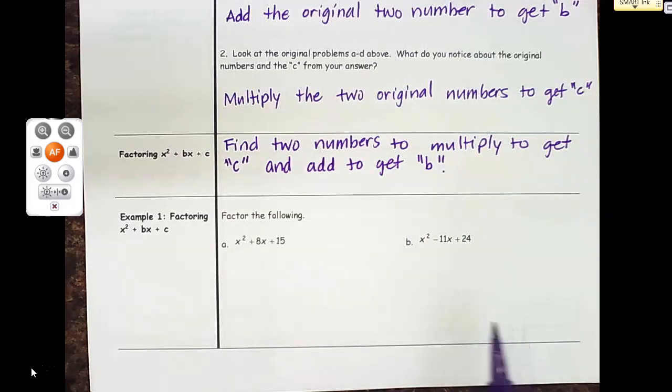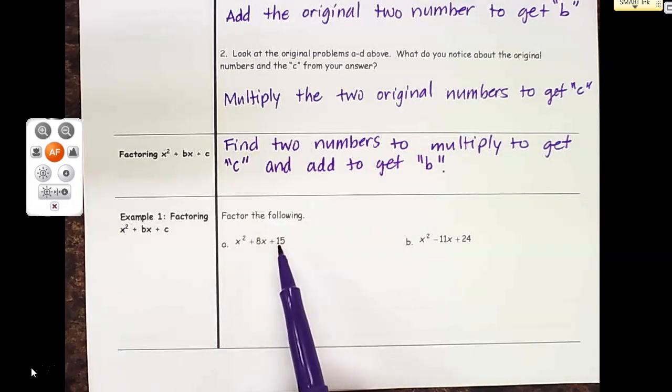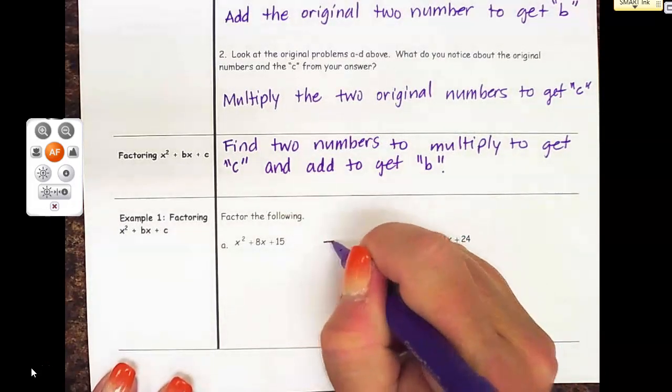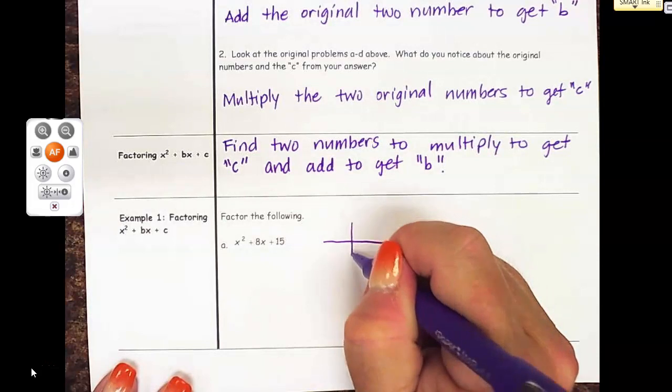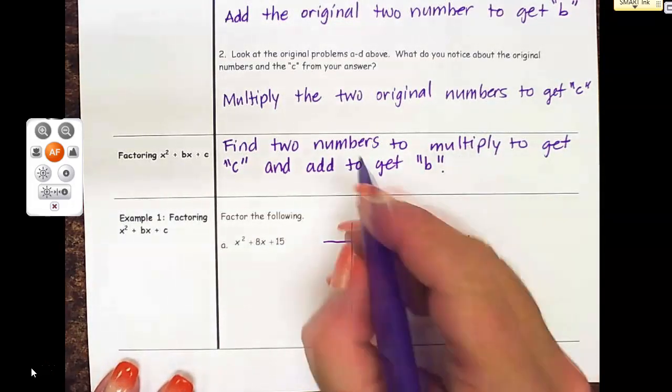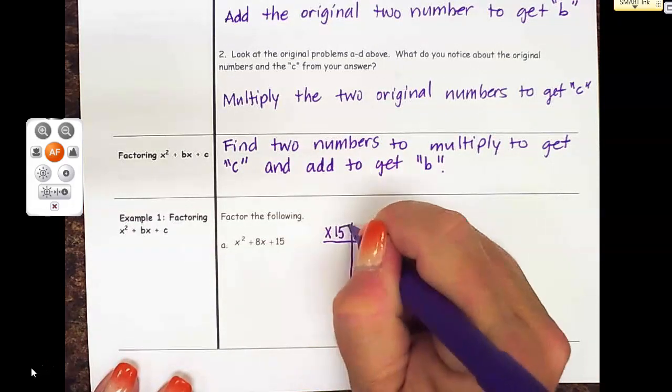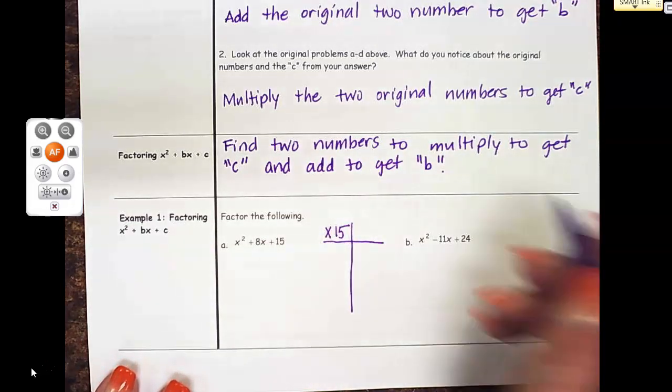So when I'm factoring in example 1, x squared plus 8x plus 15, I am asking myself, what are two numbers that multiply to equal 15? So I'm going to say they multiply to equal 15, and they add to equal 8.